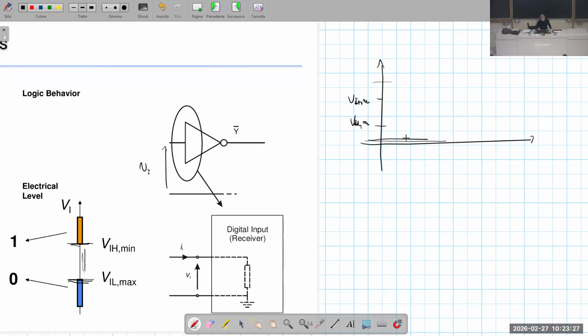At the zero value, we want VI to be below VIL maximum.